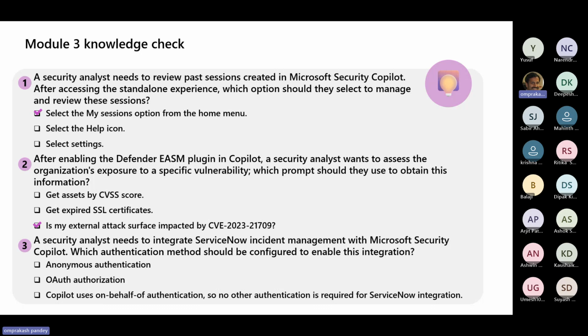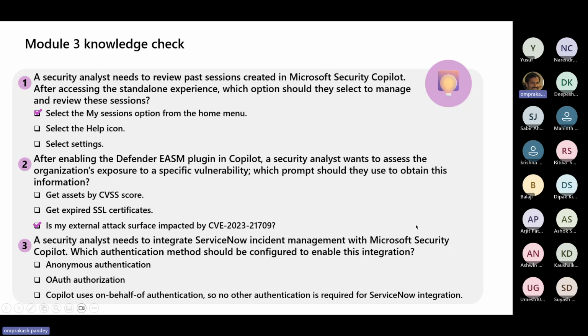A security analyst needs to integrate ServiceNow incident management using Microsoft Security Copilot. Which authentication method should be configured to enable this integration? Anonymous authentication, OAuth authorization, Copilot uses on-behalf-of authentication, or no other authentication.